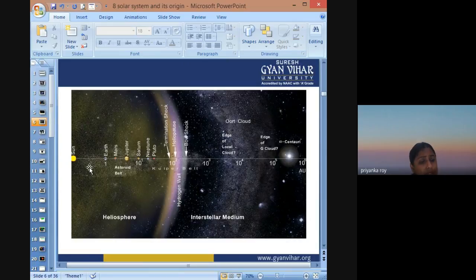Meanwhile, these materials used to be icy, liquid, or gaseous in the outer region of the young solar system. Gravity pulled these materials together, and that is where we find the gas giants, like Jupiter and Saturn, and the ice giants Uranus and Neptune in the outer region beyond the asteroid belt.